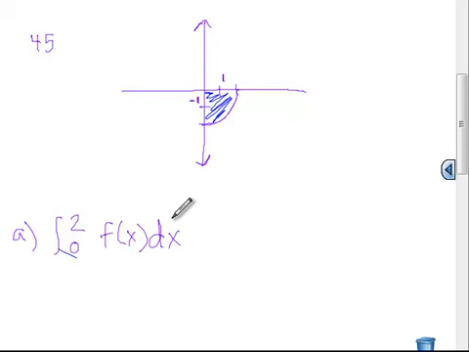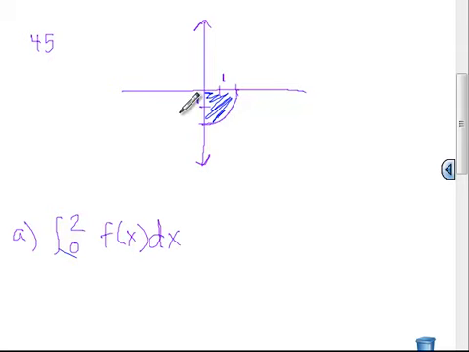I don't think I have too many problems like that, but this is one of them. If you catch that in the back of your book, it's negative because it's underneath the x-axis, and we'll get more into that eventually.